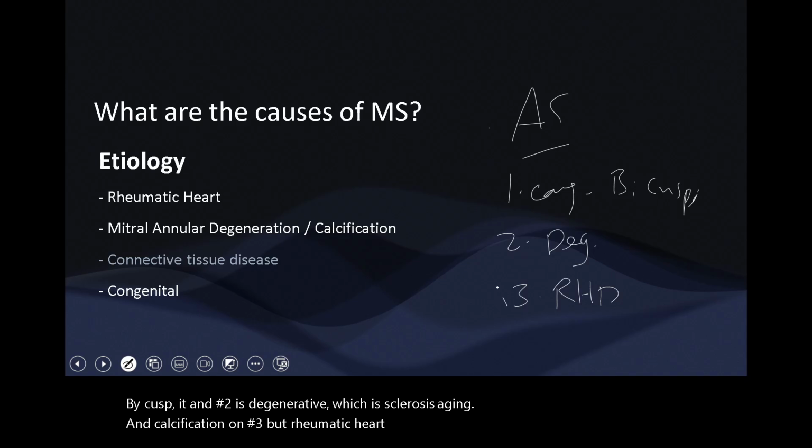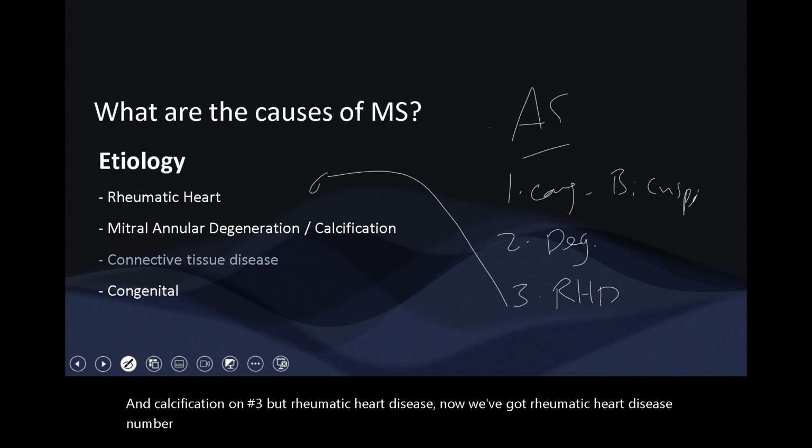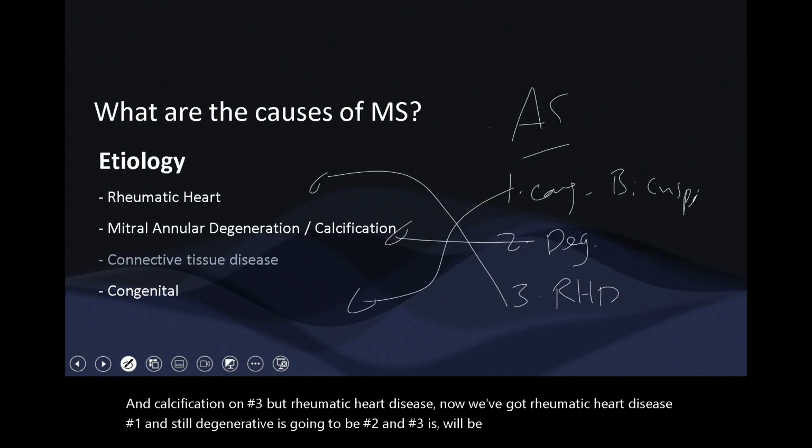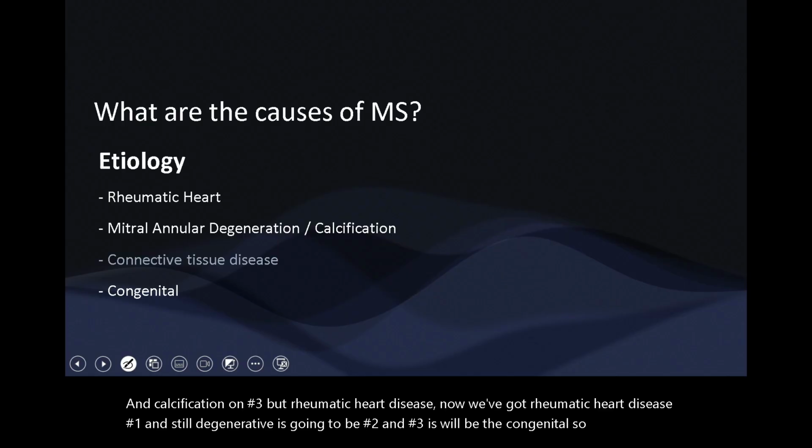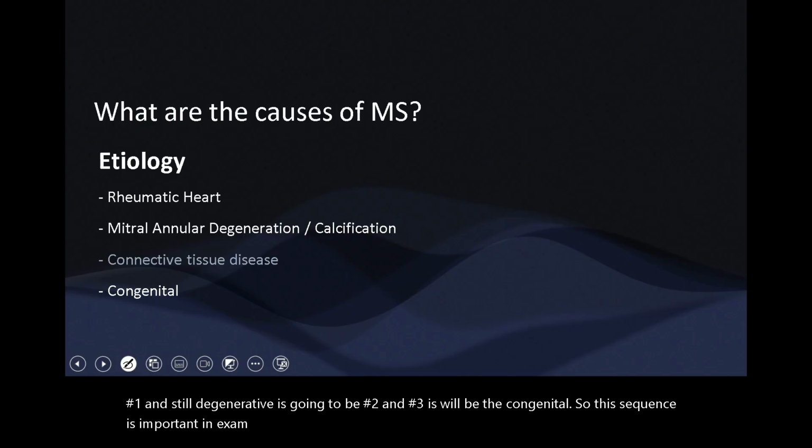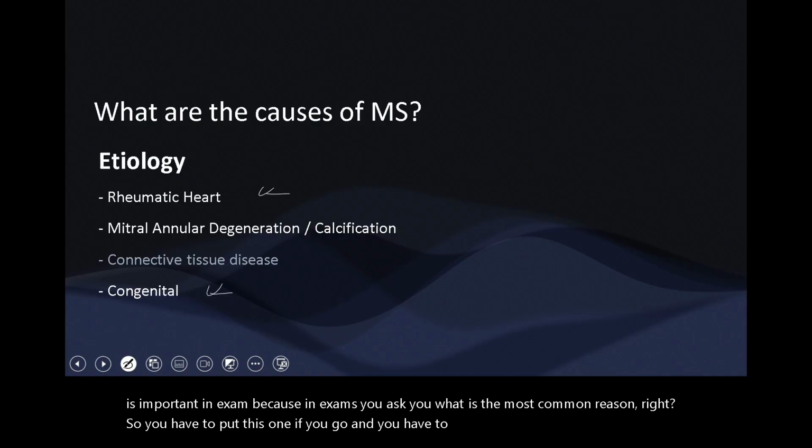Now for mitral we put rheumatic heart disease number 1, degenerative still number 2, and number 3 will be congenital. So this sequence is important in exams because they ask you what is the most common reason, right? So you have to put this one. If you go to the aortic, you have to put the congenital one.